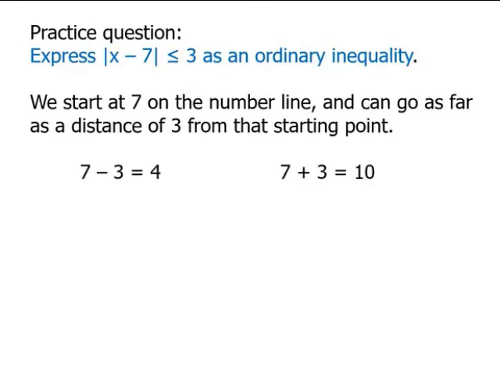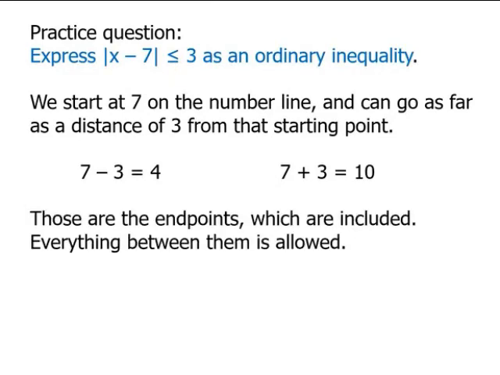So if we went down 3, we'd get to 4. If we went up 3, we'd get to 10. Those are the two endpoints, and those are included because we have a less than or equal to sign. So it includes the endpoints. And so it would be everything from 4 to 10, everything is allowed from 4 up to 10.